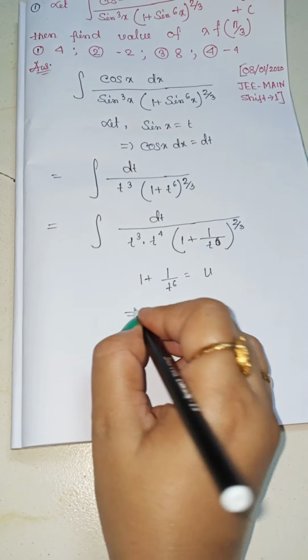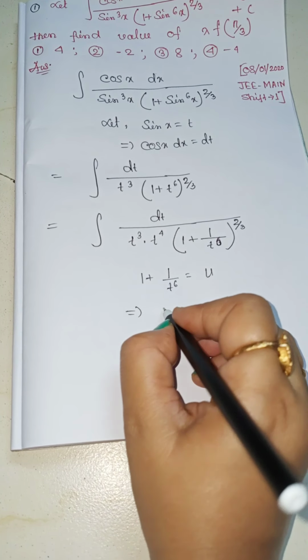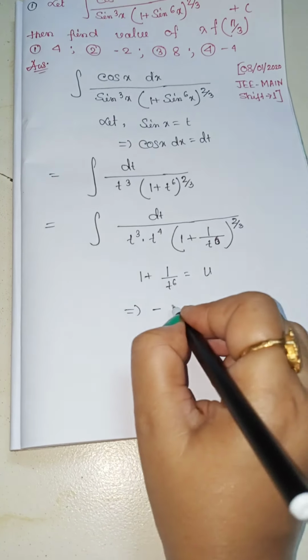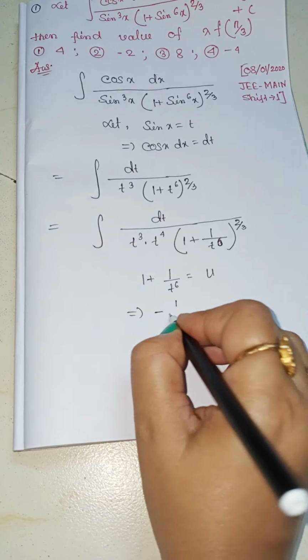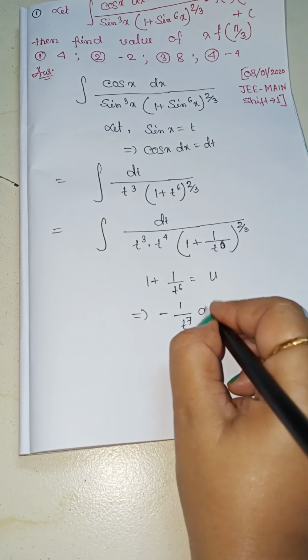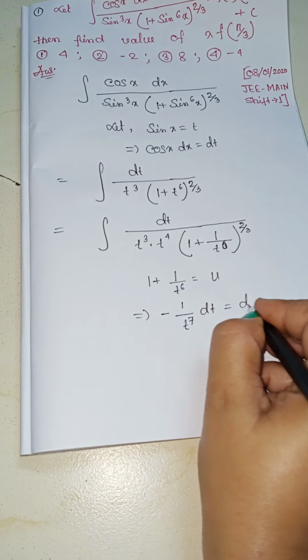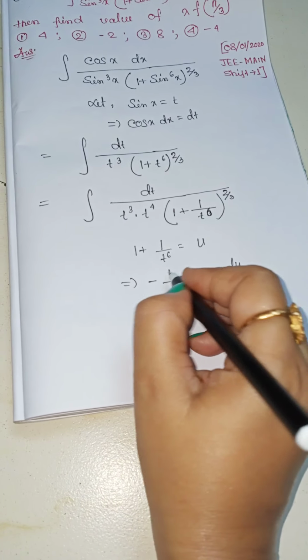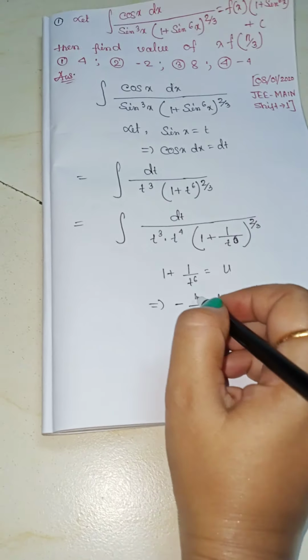Now again differentiating with respect to t, we get minus 6 by t to the power 7 into dt is equal to du. The 6 is here, 6t to the power minus 7.